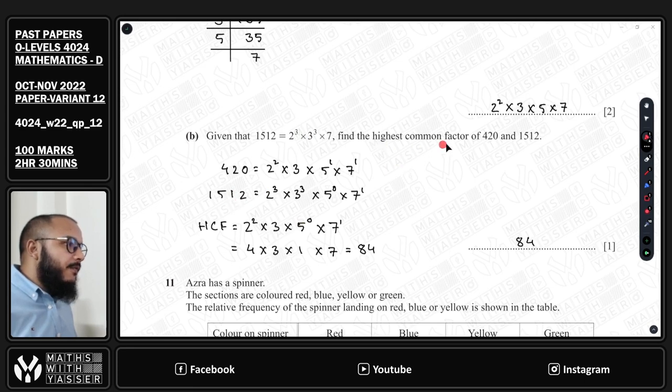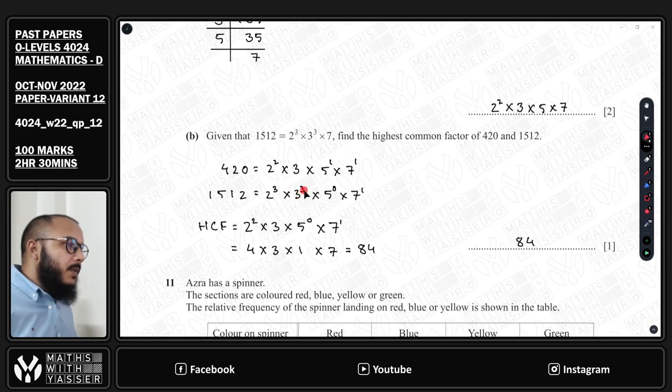For the highest common factor, we know that we can find it by looking into the least power raised. So if I compare these two and look into their powers, I can see between the powers of 2, the value 2 is the least between these two, so it will be 2 square.